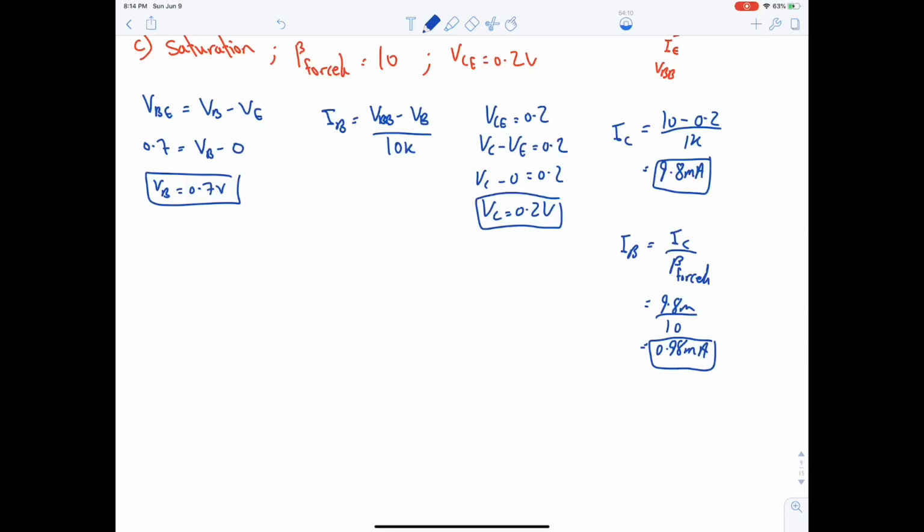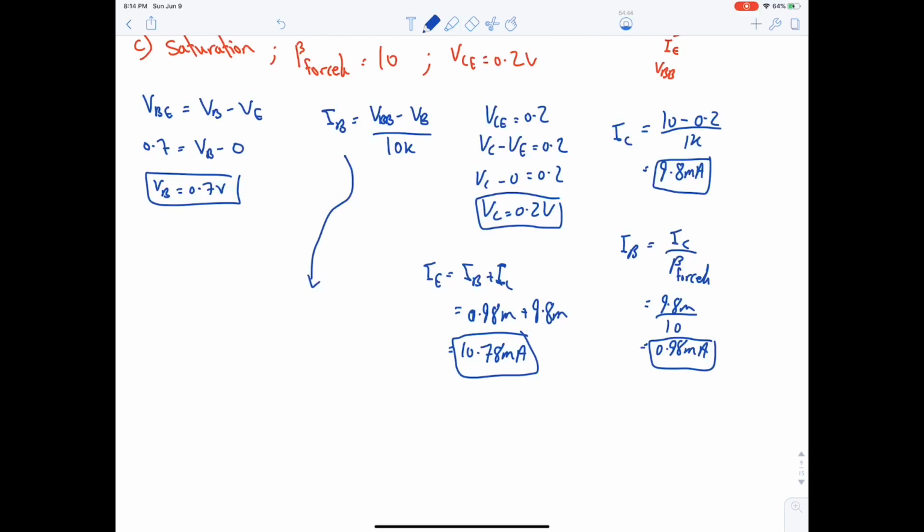After finding IB, let's find IE. IB plus IC. It's 9.8 milli, 0.98 milli. Even though the question did not ask for IE, I'm finding it just for completion. It will be 10.78 milliampere.